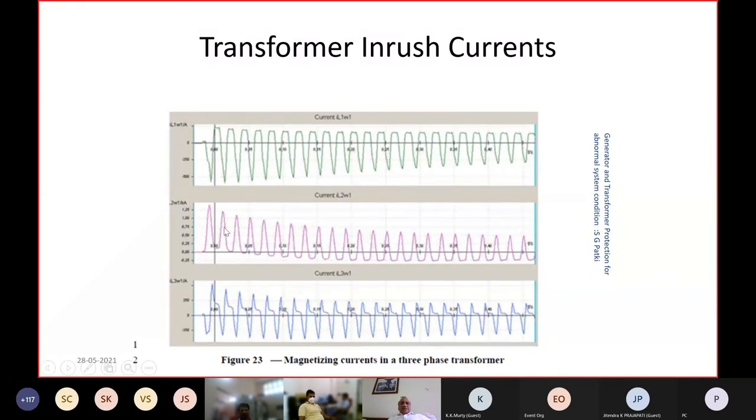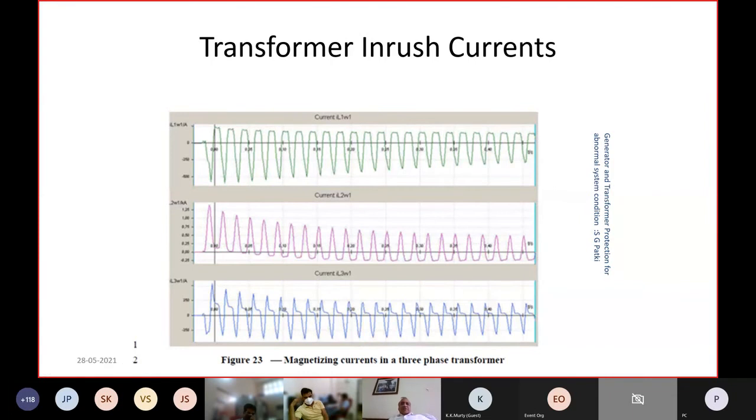So the point of breaker pole closing will not be exactly at the same point of the wave shape. So that is the first factor why there is always an unequal inrush current, that is, inequality between the three phases itself.